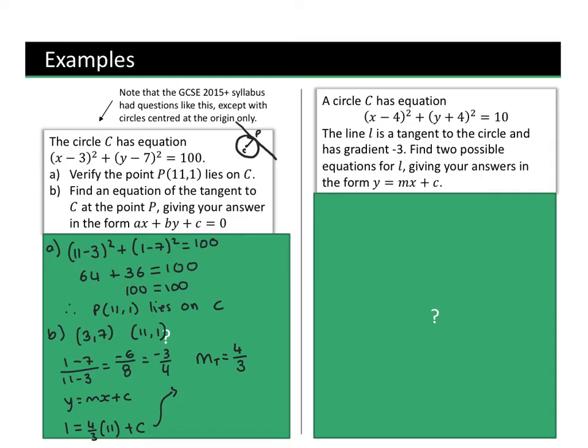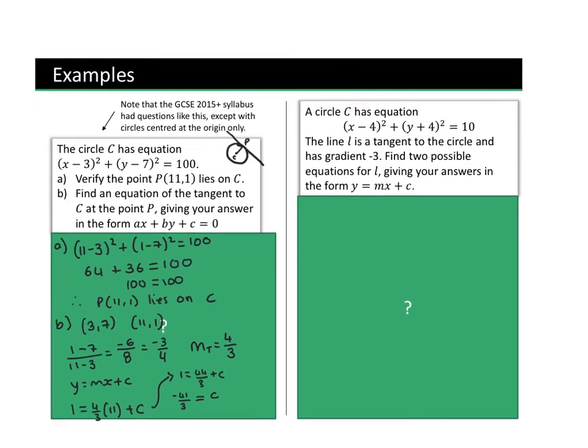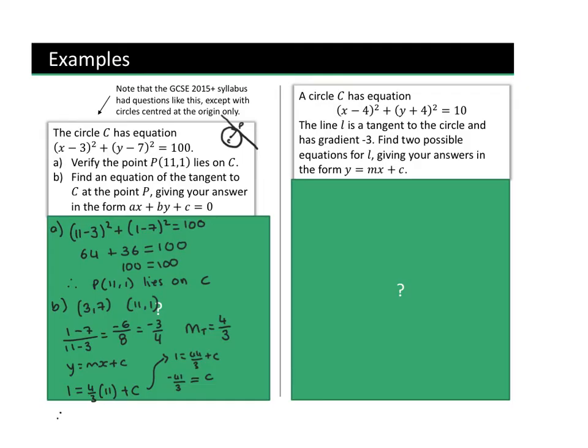So we're going to have 1 equals 44 over 3 plus c. 1 minus 44 over 3 is minus 41 over 3 plus c equals c. So that means, therefore, y equals 4 over 3x minus 41 over 3.